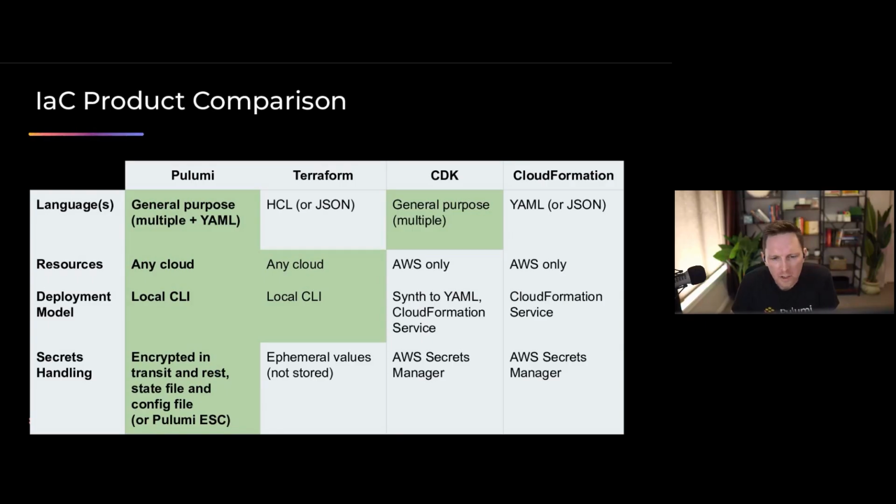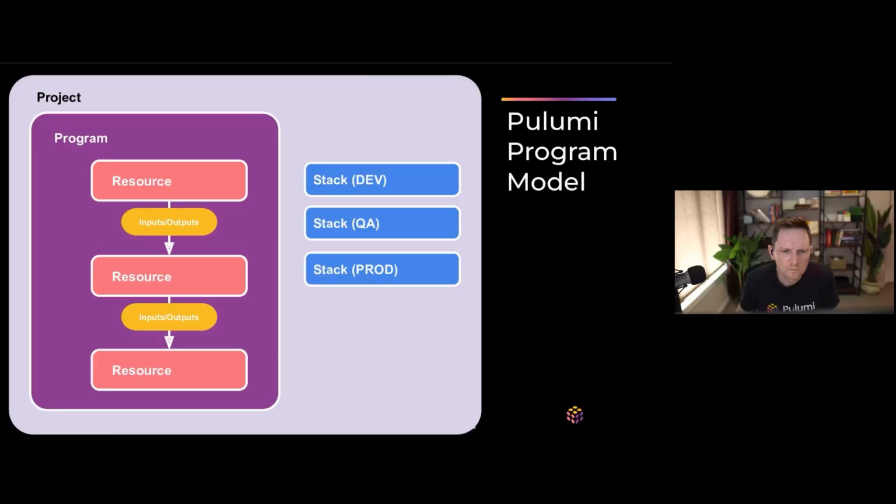Terraform, you can use many clouds, but you can't use your programming language of choice. CDK, you can use a programming language, but it's AWS only. So Pulumi's kind of in that sweet spot of covering all these things. So let's go over just some base concepts.